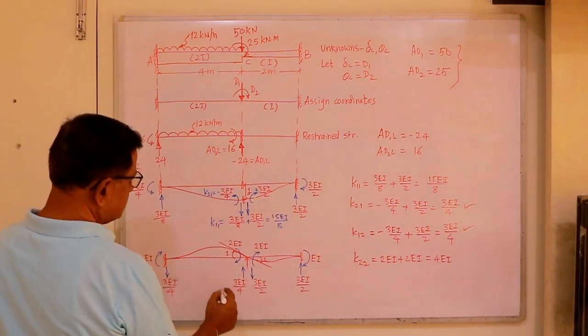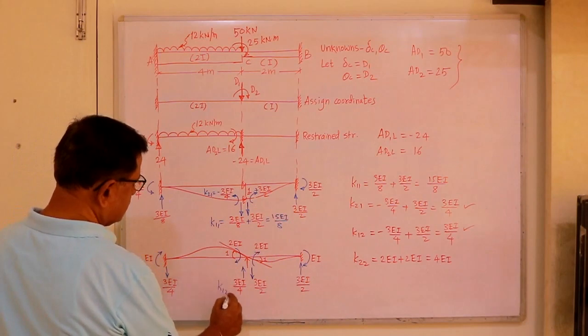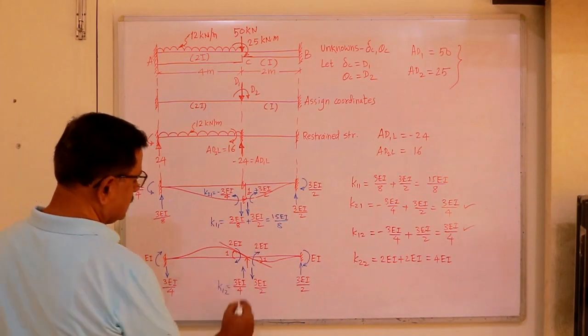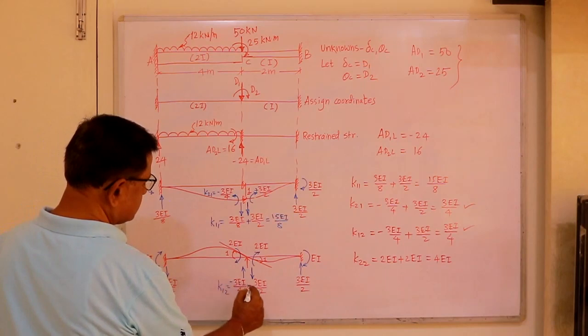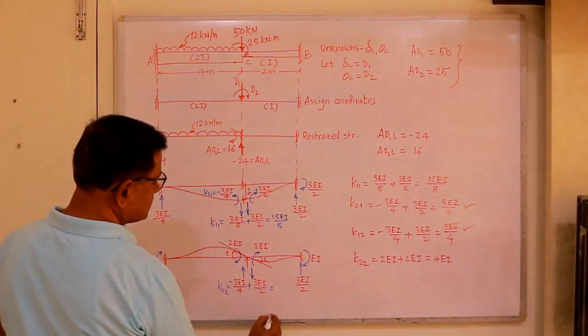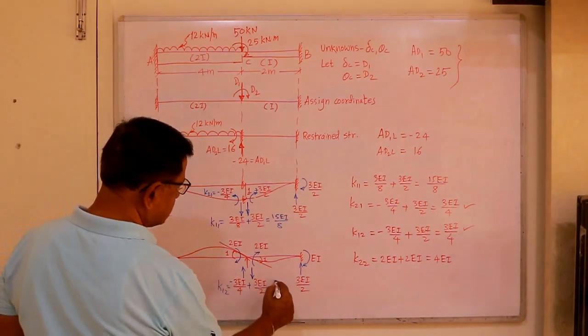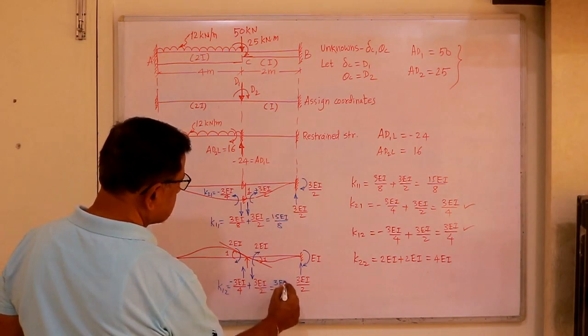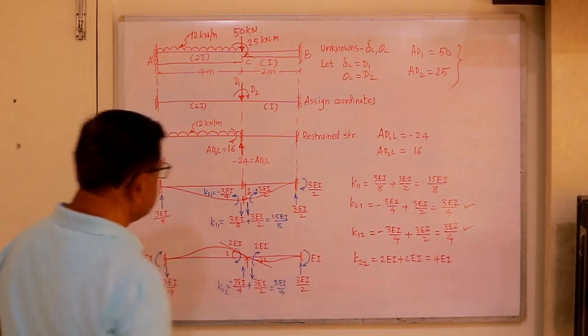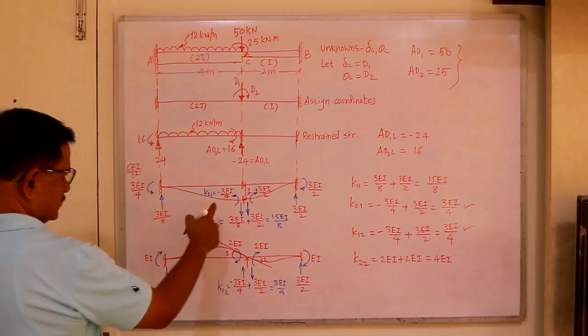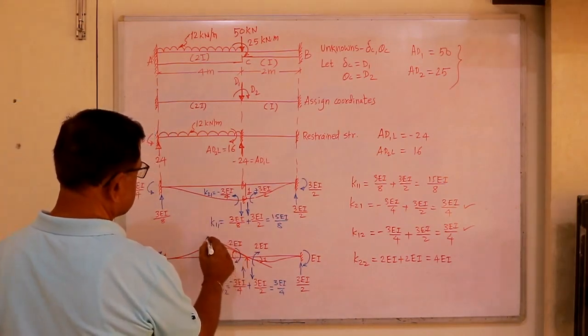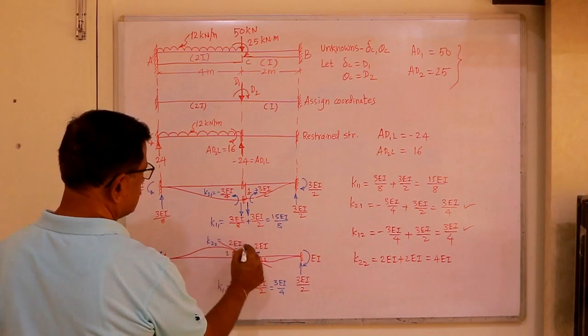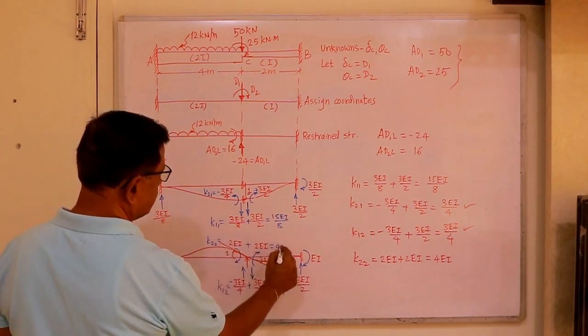Then this is in the direction of 1 due to 2, K12. So this is minus, this is plus, and what you get is 3EI by 4. So these two must be equal, and K22 is equal to, both are positive, 4EI.